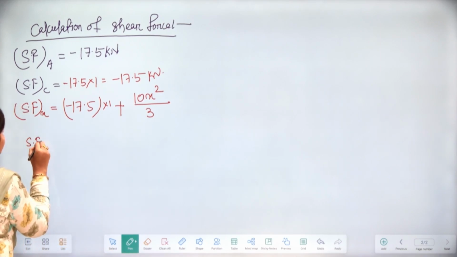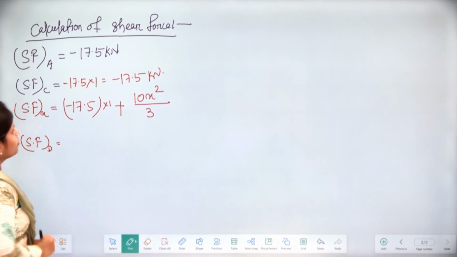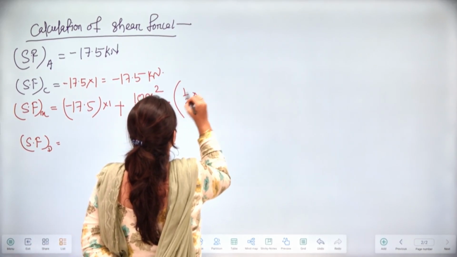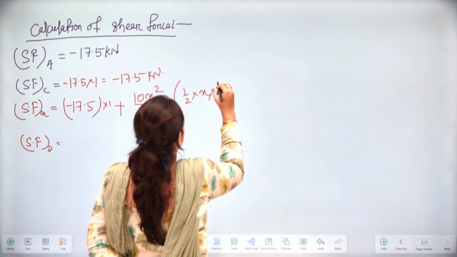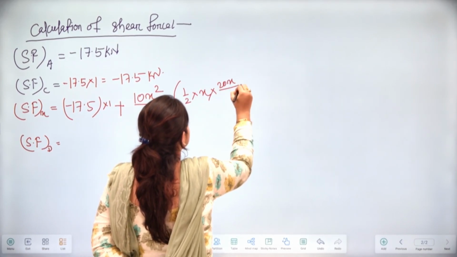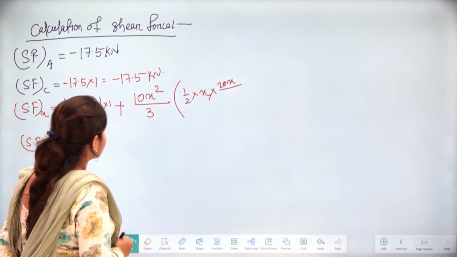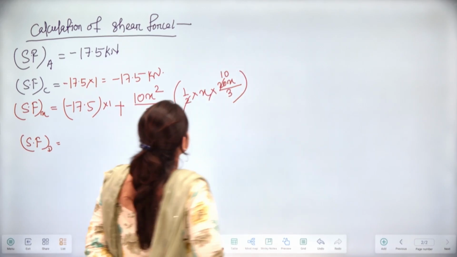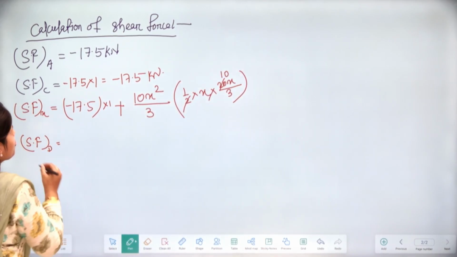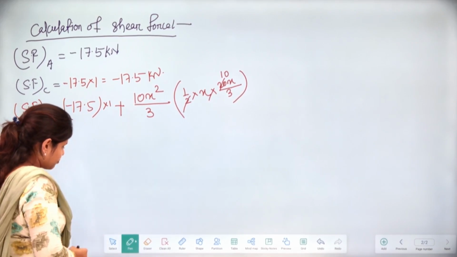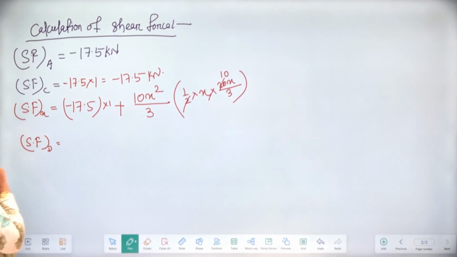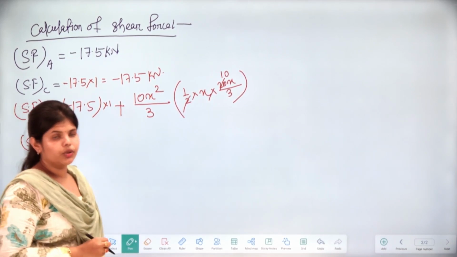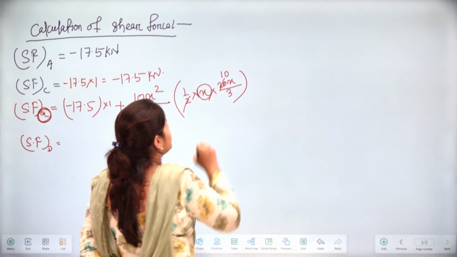Now, shear force at D. This will be half into x into the height, that is 20x by 3, that is 10x square by 3. Now, if we have the shear force at x equal to 0, we can find out the x value.